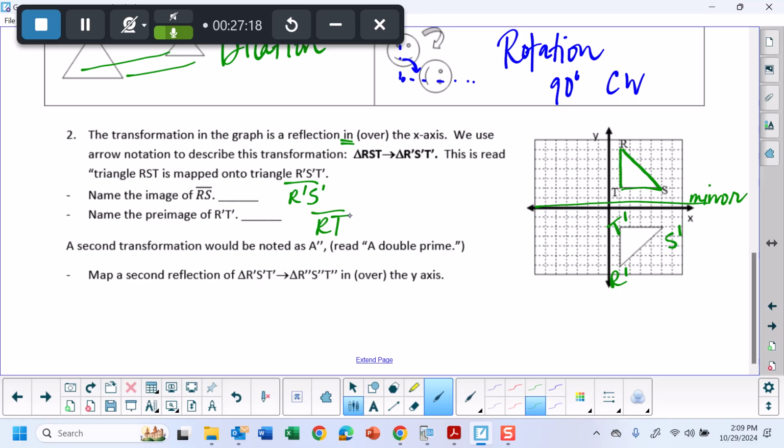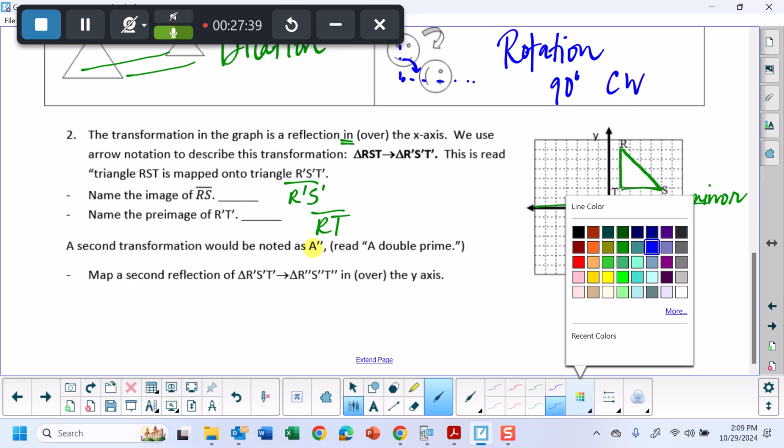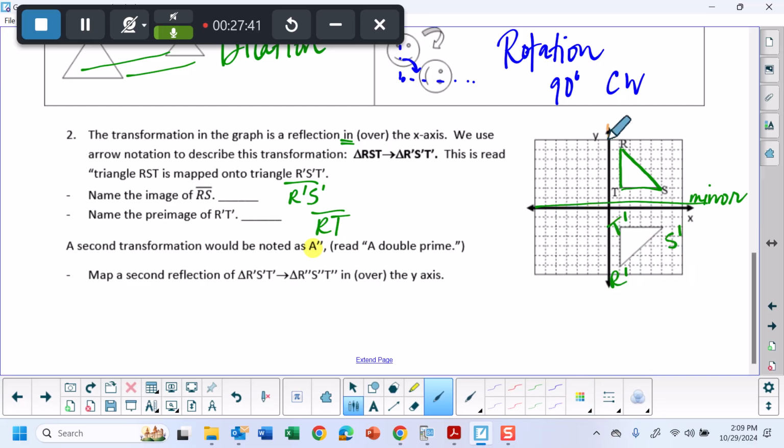We can do a couple transformations in the same coordinate plane. A second transformation, we would read it as double prime. So if I want to map a second reflection of this triangle, it's now going to be reflected over the y-axis. So I'm going to go ahead and recognize that this becomes my mirror, and this becomes my triangle.